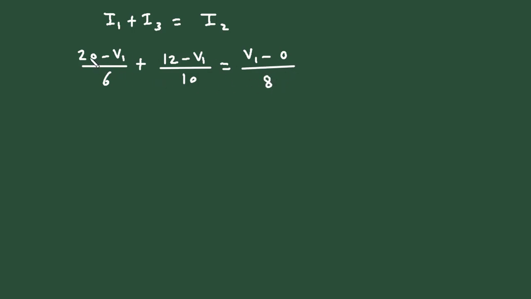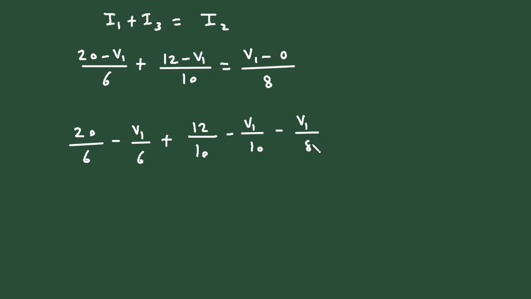Now simplify this. It will be 20 divided by 6, then minus V1 divided by 6, then plus 12 divided by 10, then minus V1 divided by 10. If we take this on the left side, it will be minus V1 divided by 8 is equal to 0.